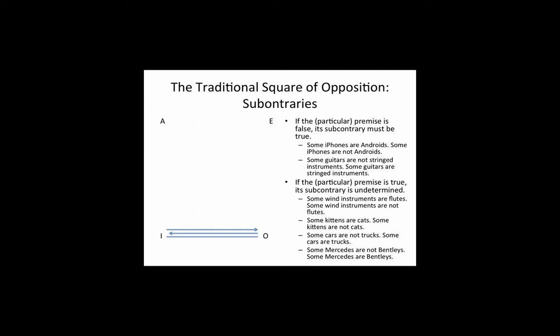So let's take a look at a couple of examples. We know that some iPhones are Androids is false. The subcontrary, some iPhones are not Androids, is true. Some guitars are not stringed instruments is false. Some guitars are stringed instruments is true.